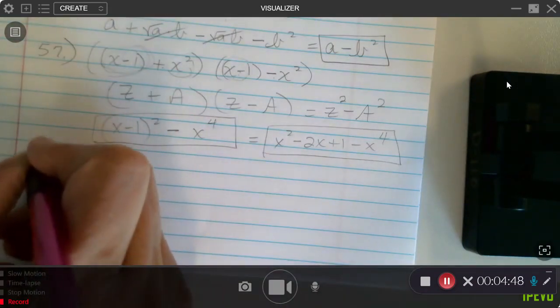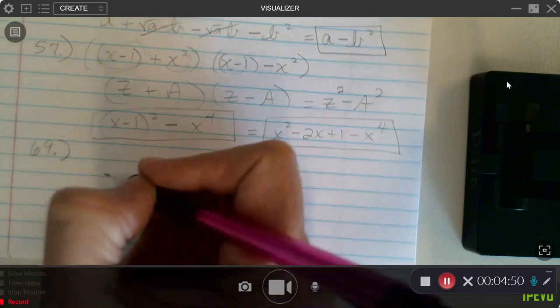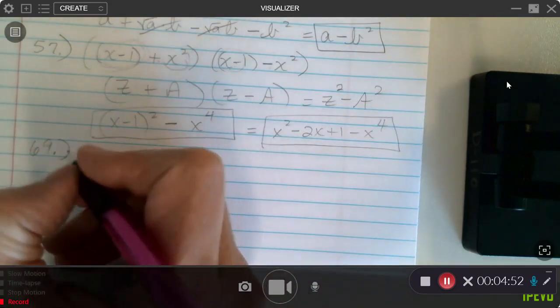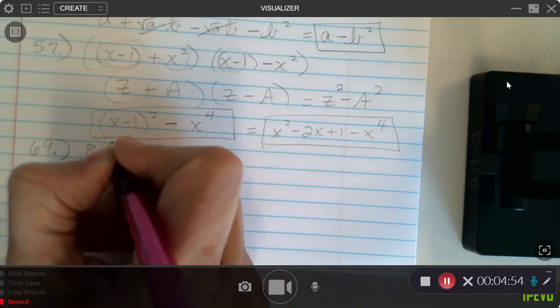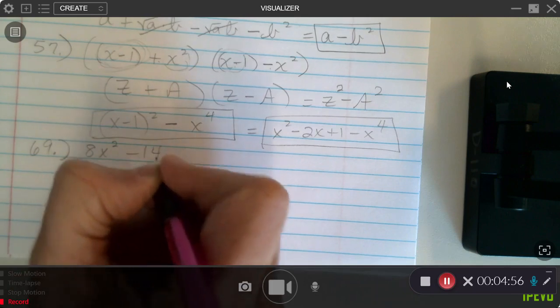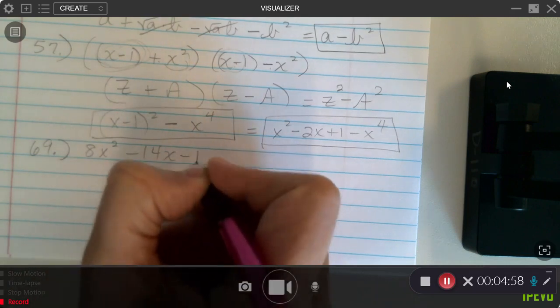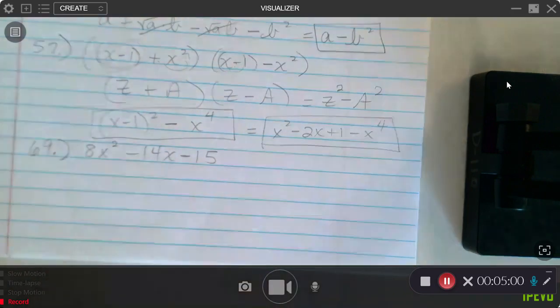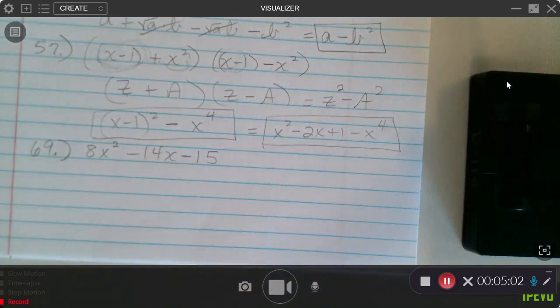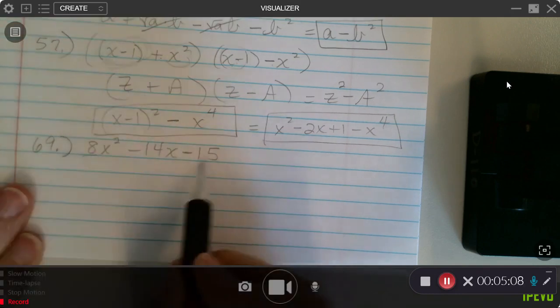Right, 69 is factoring 14x. All right, I feel your pain on this one. If you're stuck without a calculator, right? We're going to multiply the 8 by the 15, right?